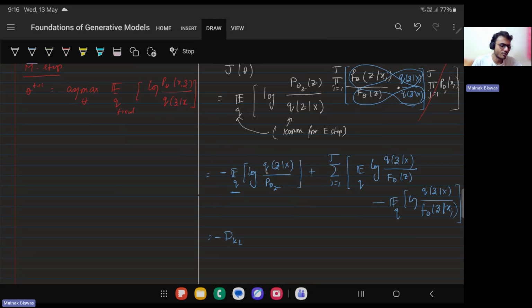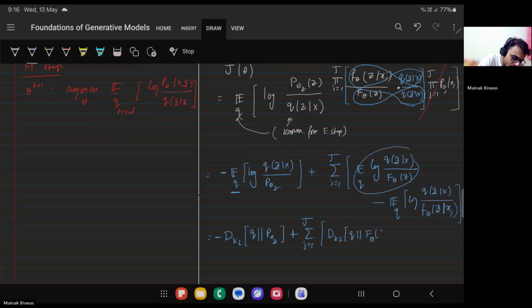the expected value over q of log of q by this. This is exactly the KL divergence between the q distribution and my p theta z distribution. Then I have plus the summation of j equal to 1 to J. Again, this is a KL divergence term. This is the KL divergence between my q distribution and f theta of zj.